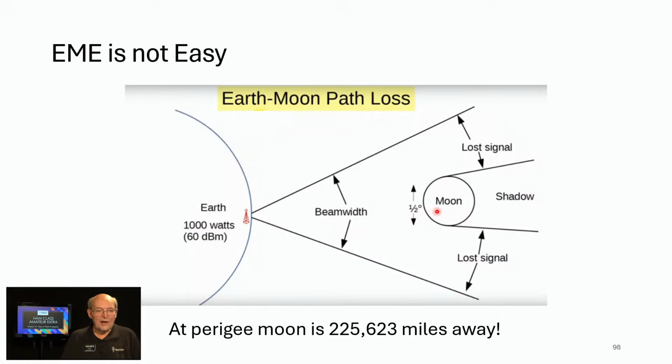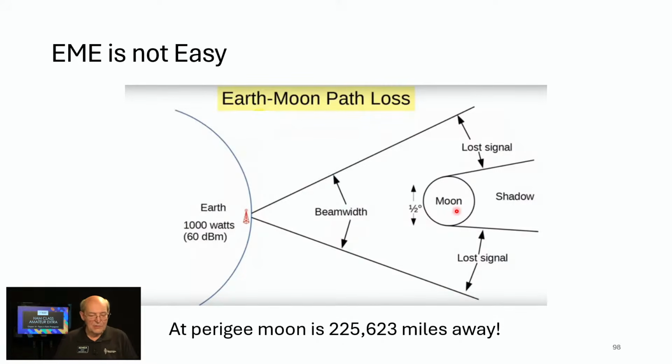The problem with trying to do Earth, Moon, Earth is there aren't any hams on the moon. So you've got to double that distance. You've got to go this distance and then all the way back again if you're going to make a contact. So the beam width here, just a very tiny amount of your signal, like half a degree, is going to be hitting the moon at all.